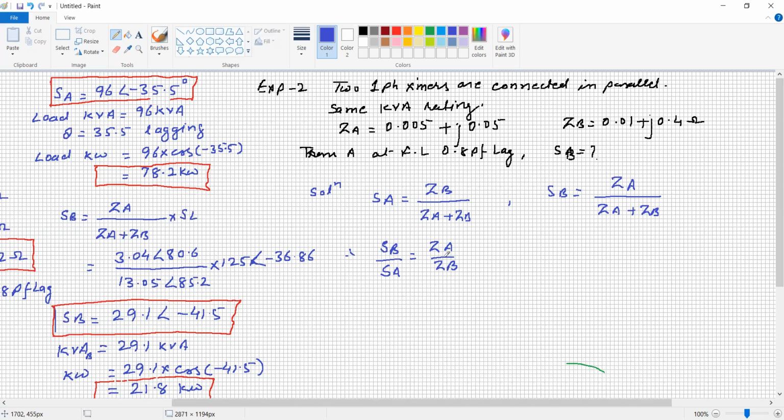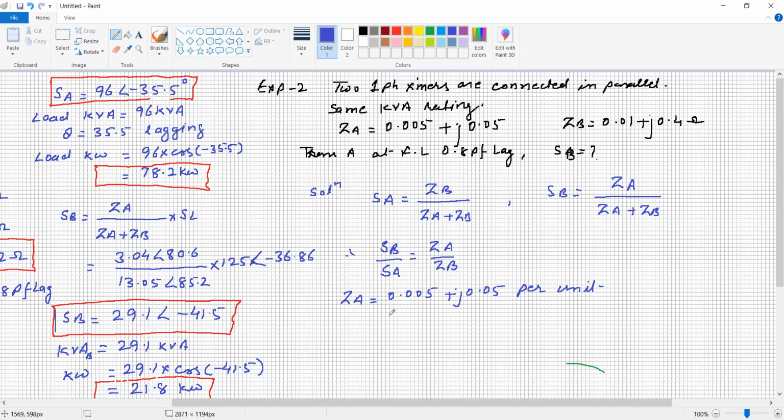Now, what is ZA? As given, it is 0.005 plus J0.5 per unit. This is in per unit.